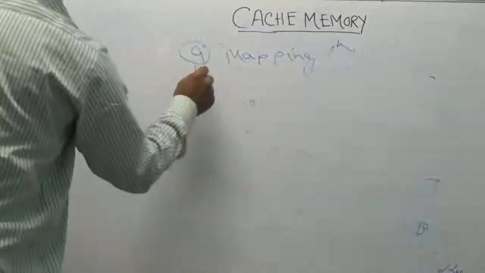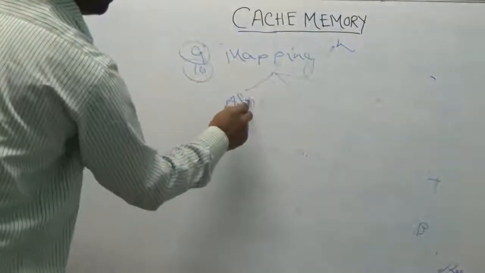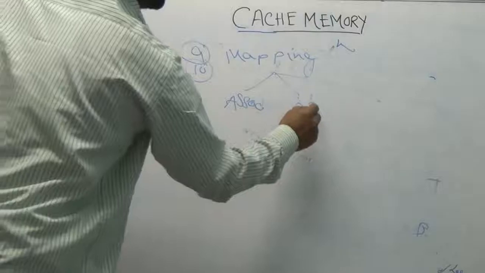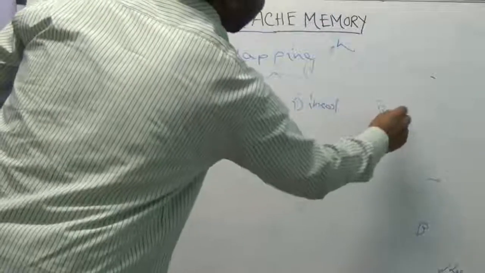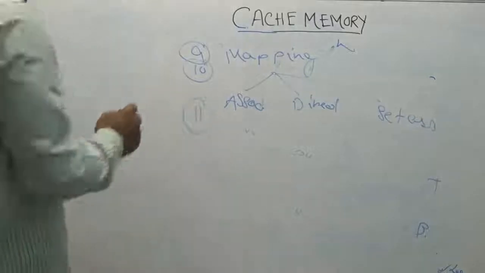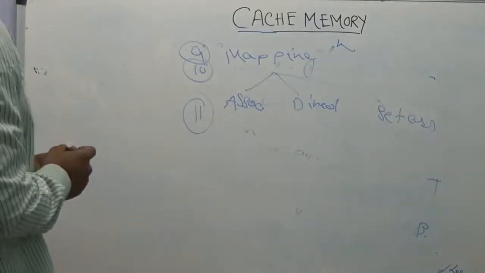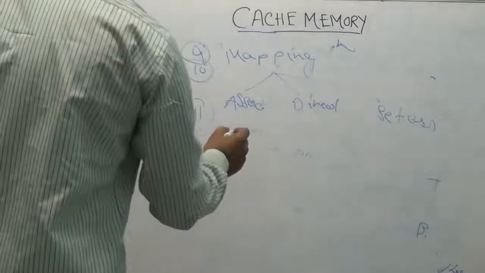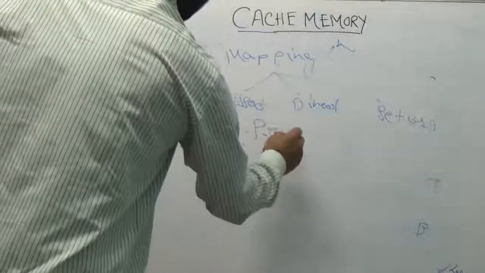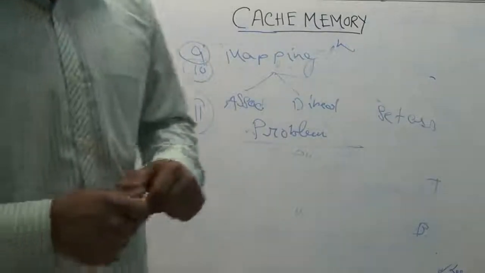We have learned about different types of mapping, that is associative, direct and set associative. And finally we determined the subfields from a given problem, and that concludes lecture 2.